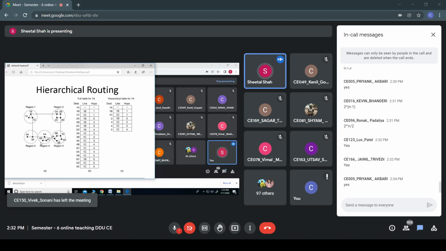If a simple routing table is maintained, then for router 1A, this is the number of routers we can have, and how 1A can reach the other routers can be shown using this routing table. Here we still have very few routers, but imagine thousands of routers are present, and imagine the size of the routing table.